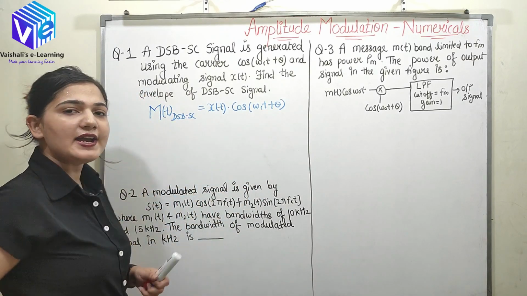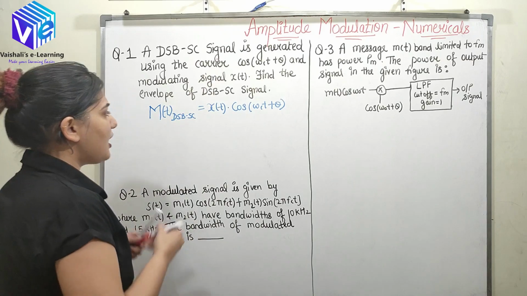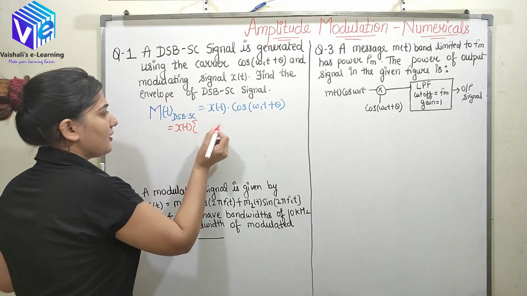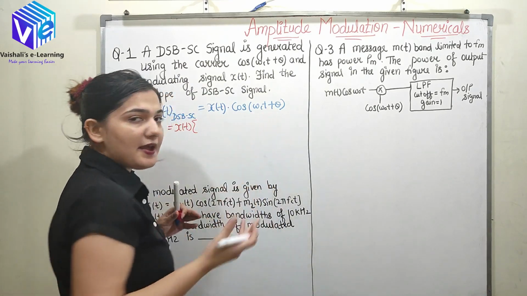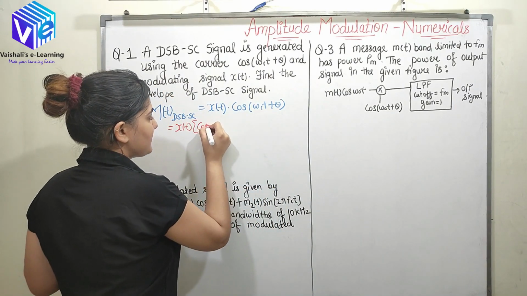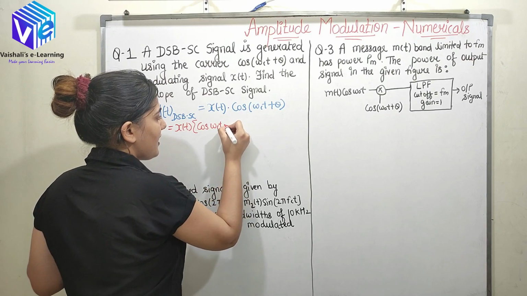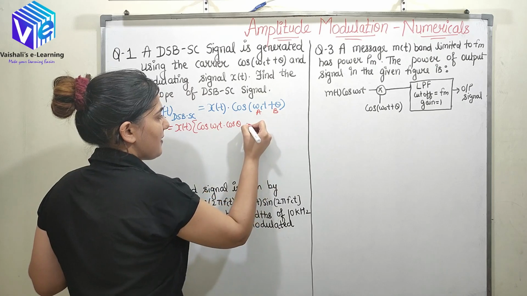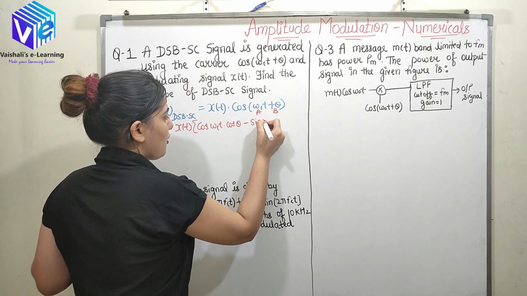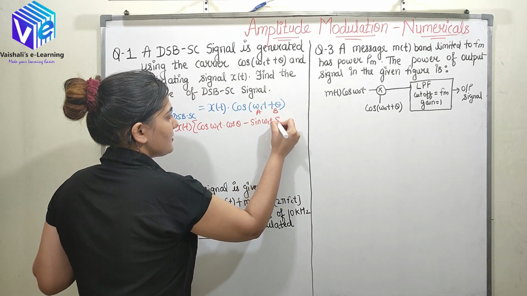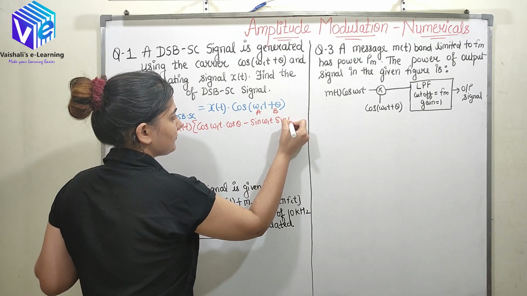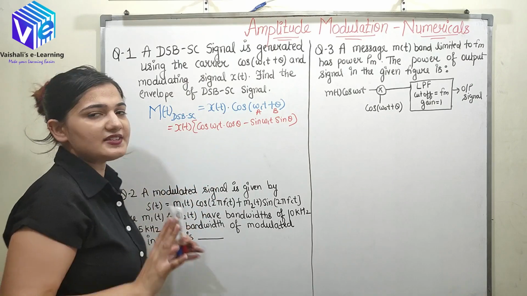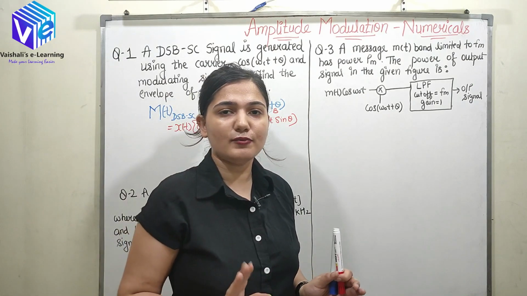Now I need to find out the envelope of this signal. So first of all, I am going to simplify this. This is cos(A + B), so I can represent it as cos A cos B minus sin A sin B. So you need to remember these formulas, at least the basic trigonometry formulas.